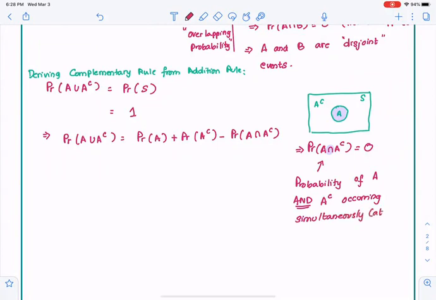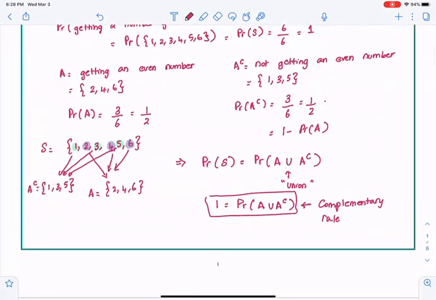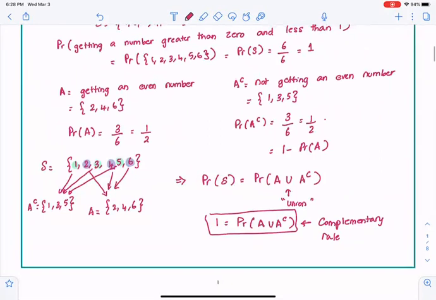In other words, at the same time. And that is going to be 0. An easier case to look at would be the die roll example where A was even numbers and A complement was odd numbers.